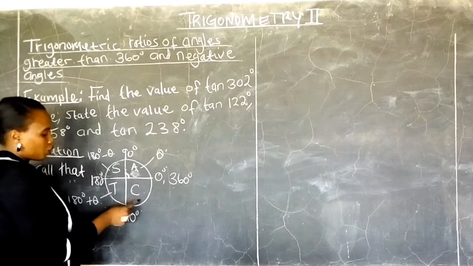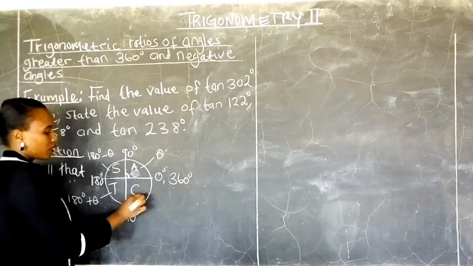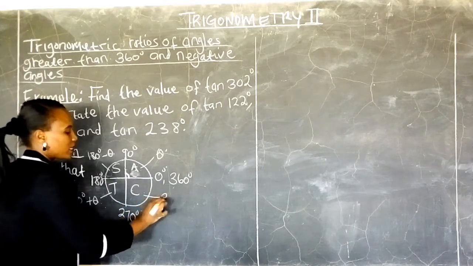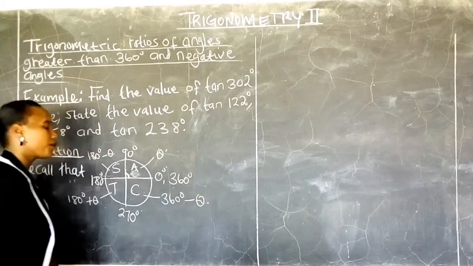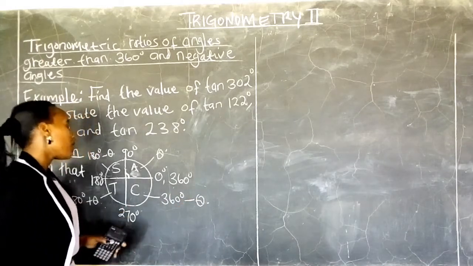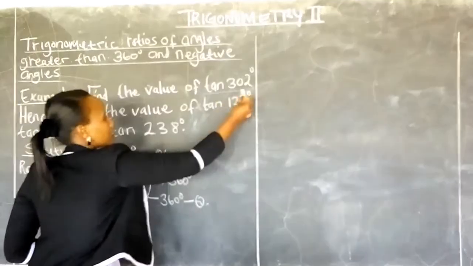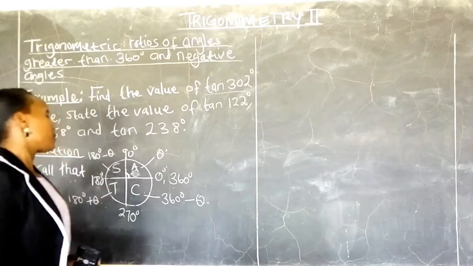Similarly, if we want to find an angle between 270 and 360, in the fourth quadrant, we say 360 degrees minus theta.